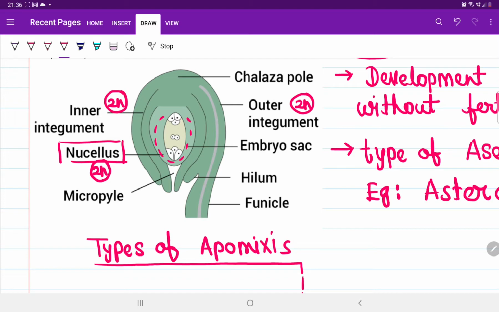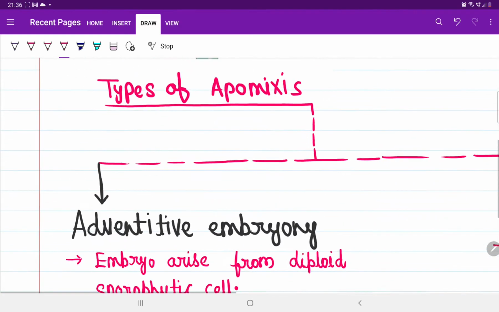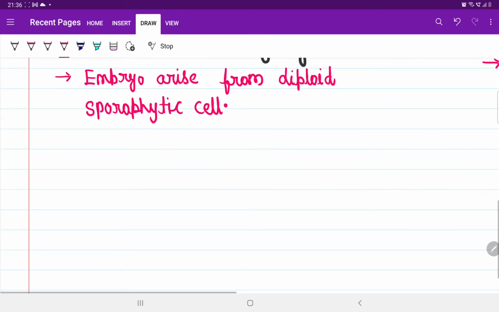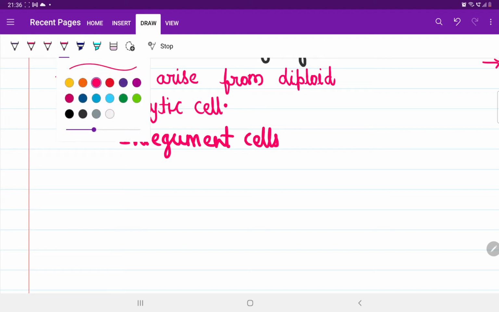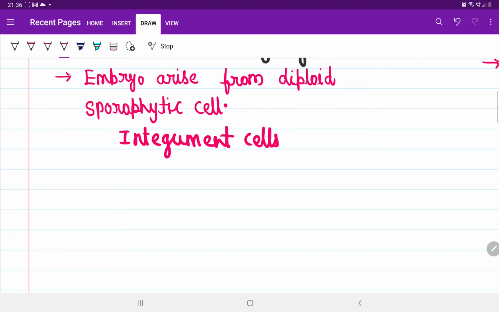They are the cells of the integument, either the outer integument or the inner integument, or the cells of the nucellus.